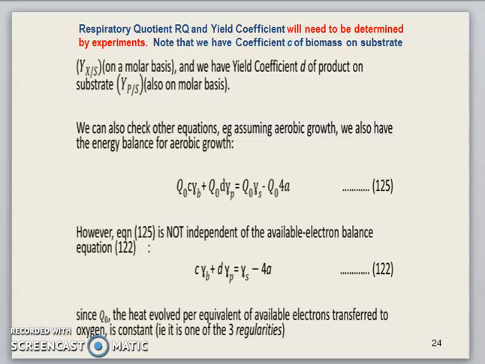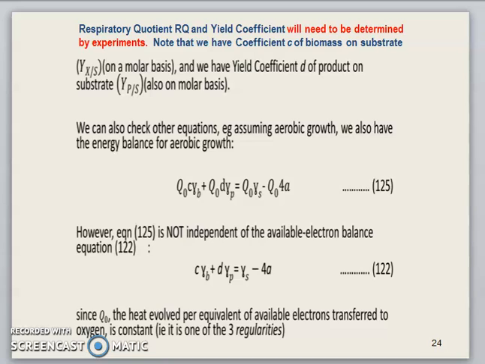The RQ, respiratory quotient, and yield coefficient need to be determined by experiment. But for any assessment question, the information will be given for you to easily calculate the RQ and yield coefficient.